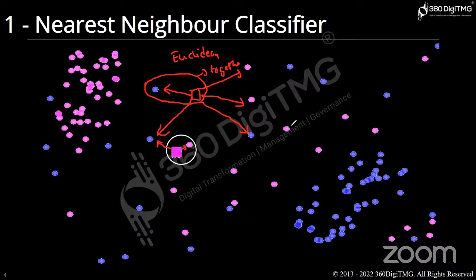We will calculate the distance for all data points. Even this data point, we will try to calculate the distance. We'll try to see where it is closest. Wherever it is closest, that is the point we will go with. Again, basically all we have done is we have grouped the data together.